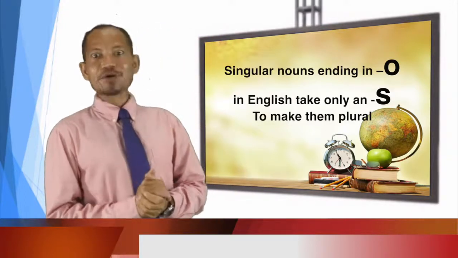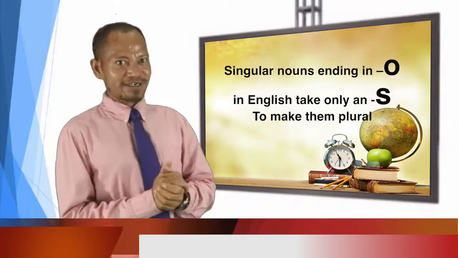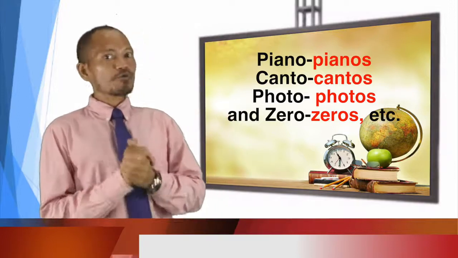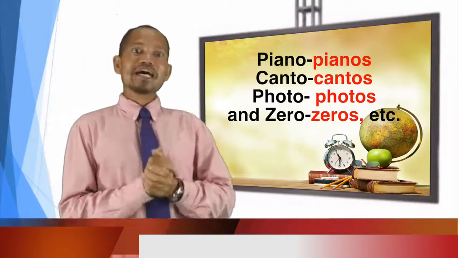However, there are some singular nouns ending in o in English that take only an s to make a plural. For example, piano, pianos, canto, cantos, photo, photos, and zero, zeros, etc.